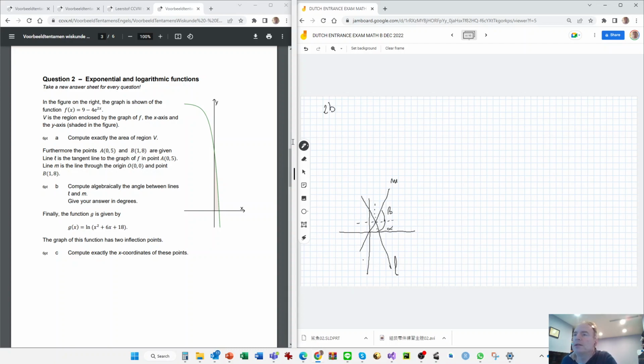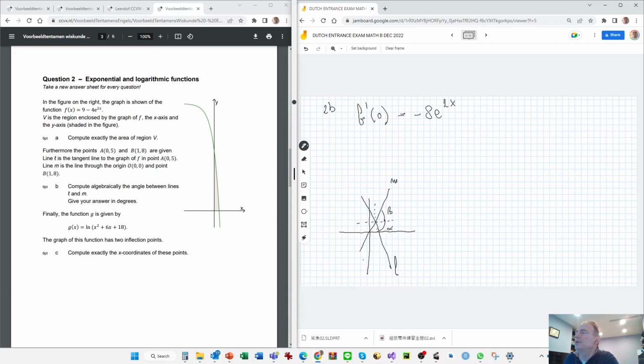By calculating the derivative, we want to find f prime in 0, and we get minus 8 e to the power 2x.